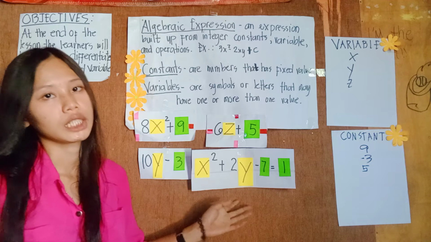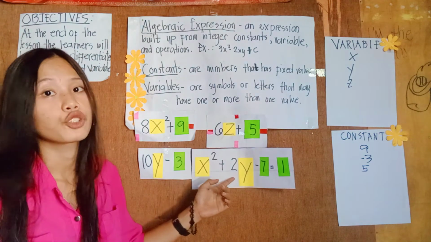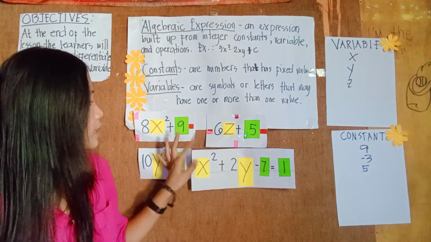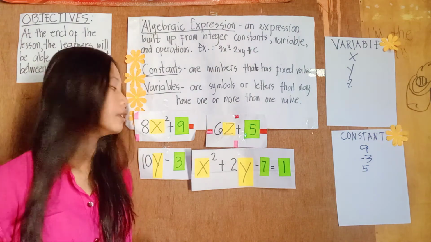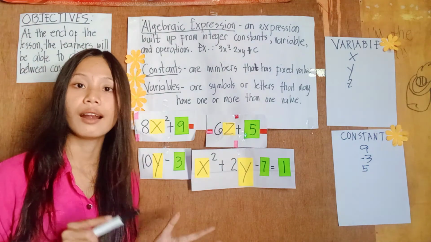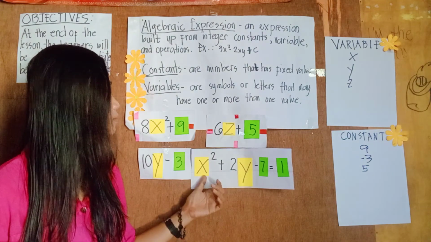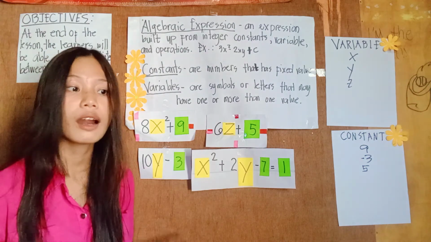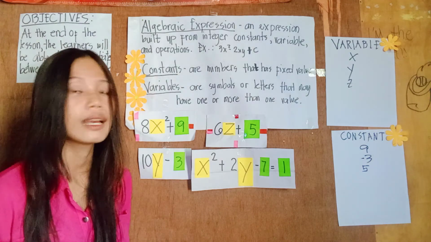Okay, fourth. In this expression, x squared plus 2y minus 7 is equal to 1. As you can see, what is our variable, or what are our variables? Okay, so very good. It's x and y, since they are the letters or symbols that we found in the expression.